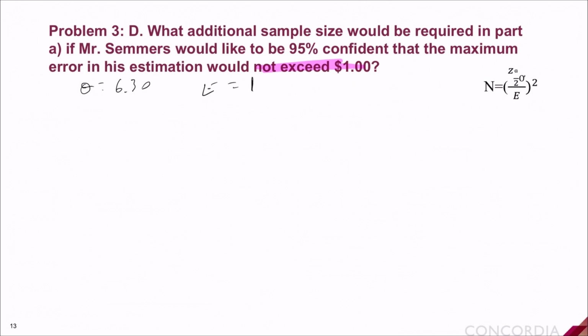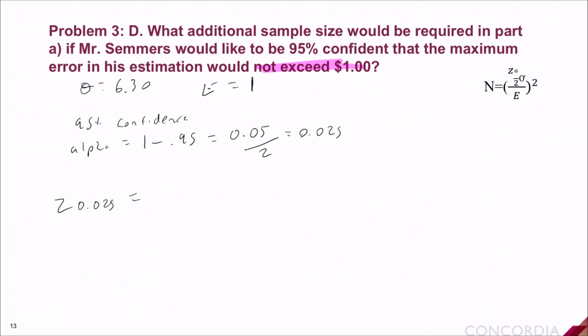All we need to find is our z-score, which firstly we must list the confidence level, 95% confidence, find our alpha, which is equivalent to 1 minus 0.95, which gives us a value of 0.05, divided by 2, since that's what the formula requires, gives 0.025, and the z-score equivalent to 0.025 is equal to 1.96.